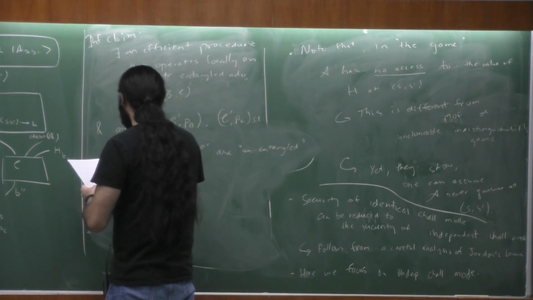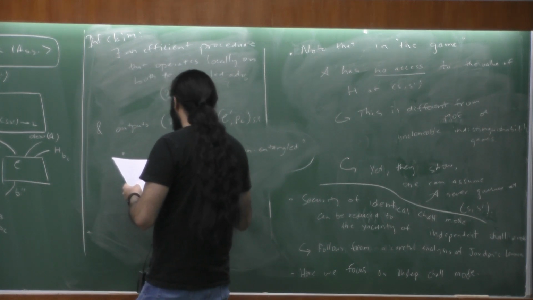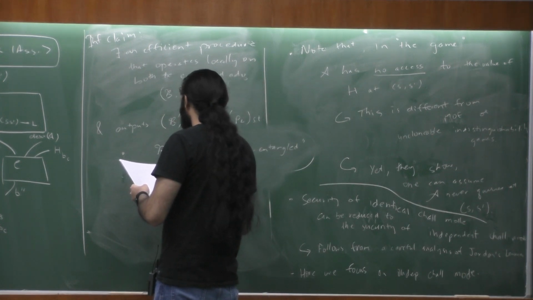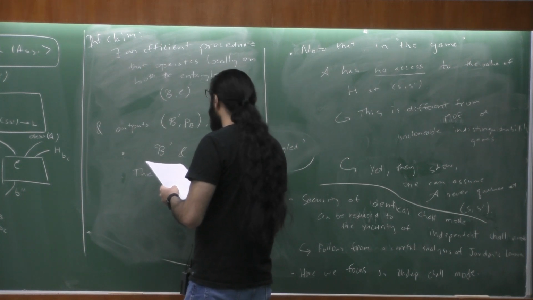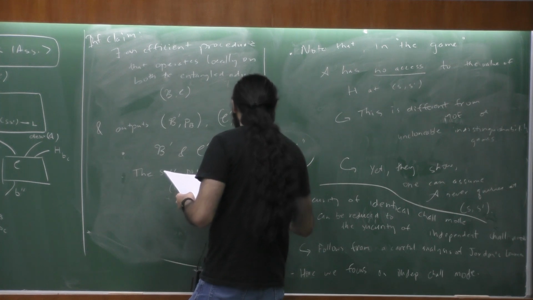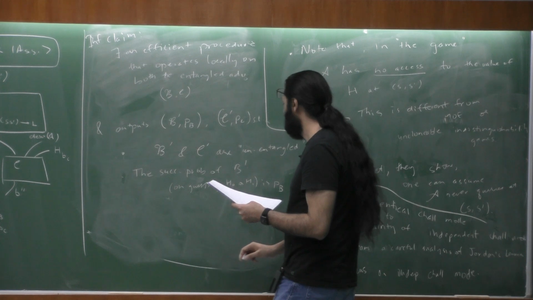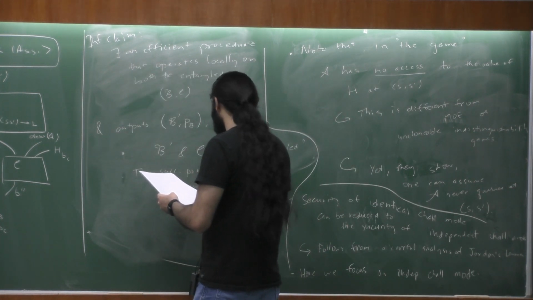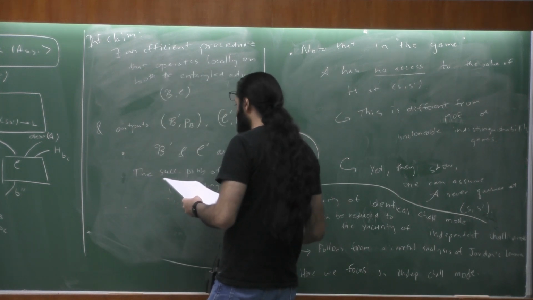So the important thing is that the success probability of B prime on guessing H0 or H1 is PB. Okay, and similarly that of C prime is PC.